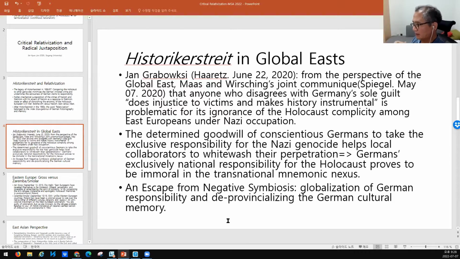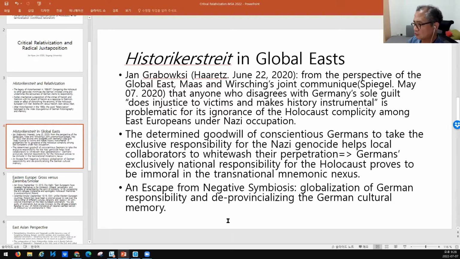In terms of Grabowski, we need a globalization of German responsibility. I would also reinterpret his wording of globalization of German responsibility as deprovincializing German cultural memory.